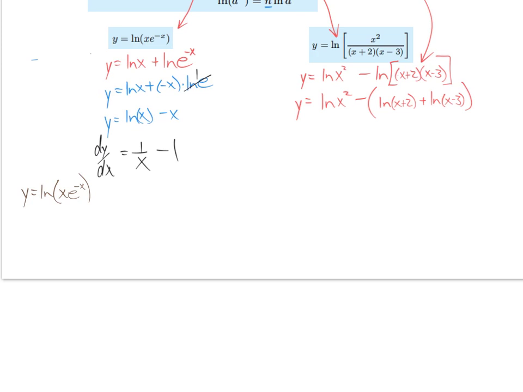The product rule inside the chain rule, and then inside the product rule I'd have to use the chain rule again, actually. Okay? Watch this.